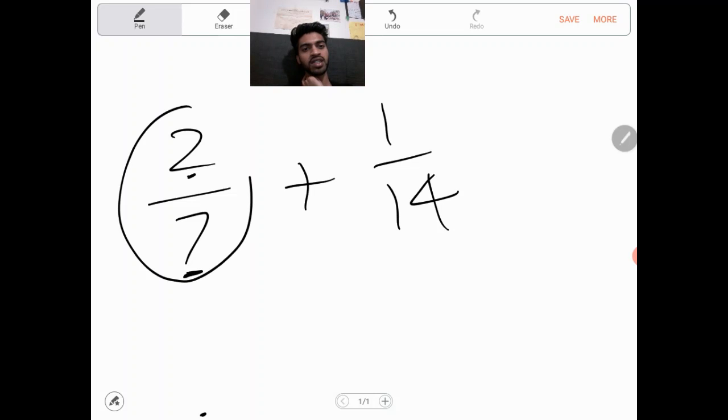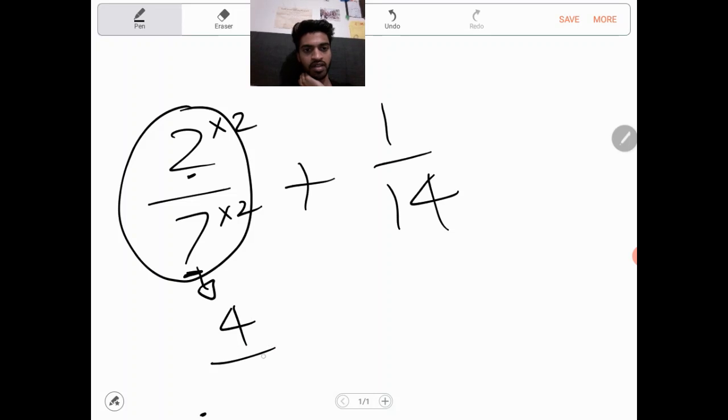We can change this side. Now when I say change, I mean change it into a form that is still equivalent. New form, same value. So let's times both of them by 2.